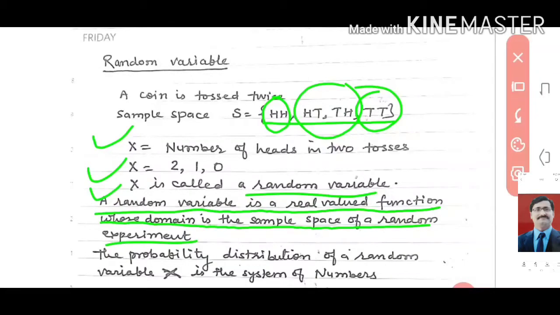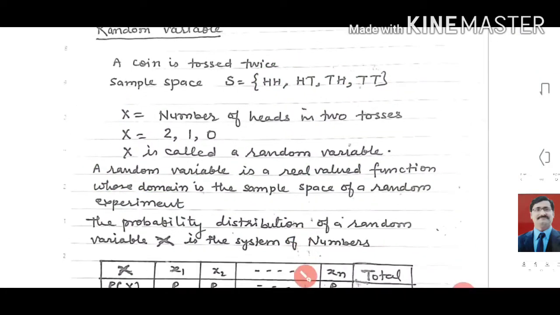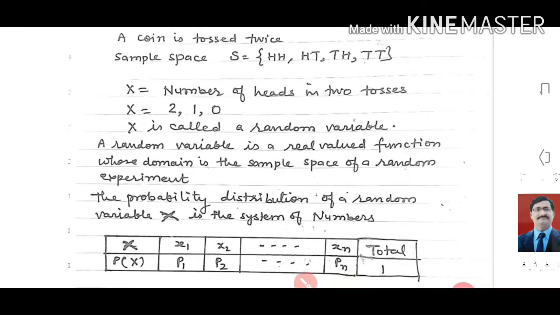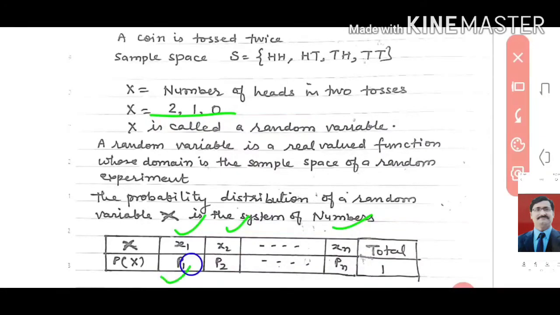Here we will find the probability of the random variable. Here you can see x1, x2, x3, up to xn. These x1, x2, x3 are here 2, 1 and 0. So for each value of capital X we find the probability: for x1 the probability is p1, for x2 it is p2, and so on up to pn.